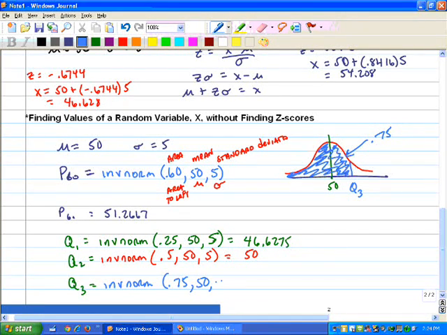Mean still 50, standard deviation still 5. Type that in the calculator, second vars, inverse norm, 0.75, comma 50, comma 5. And we'll see that x value is 53.3724.